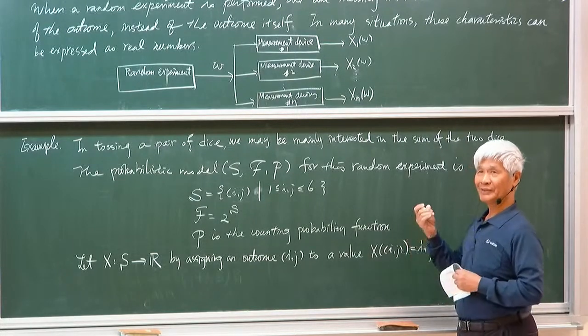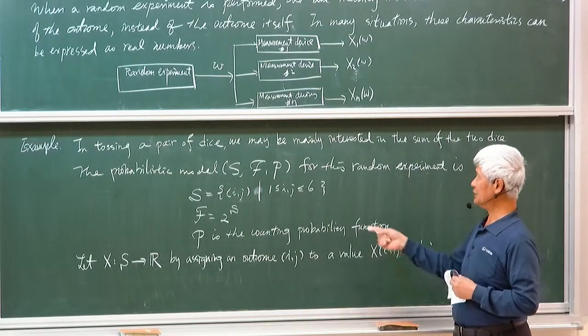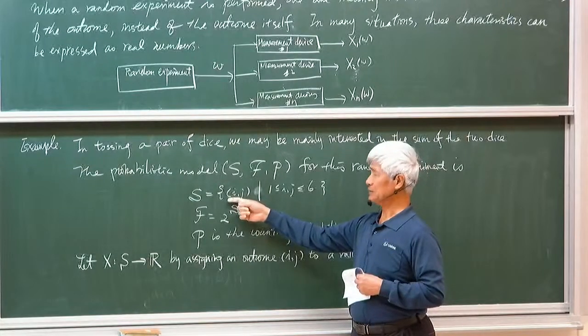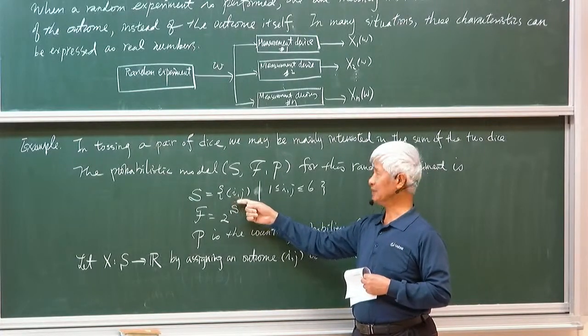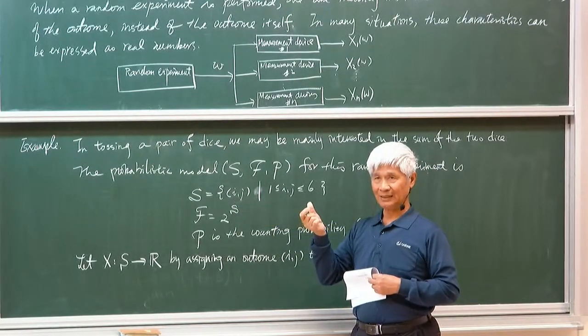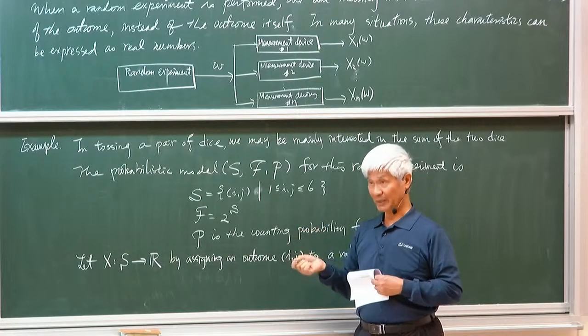So you can see the advantages of using a pair of integers to represent an outcome of the random experiment.